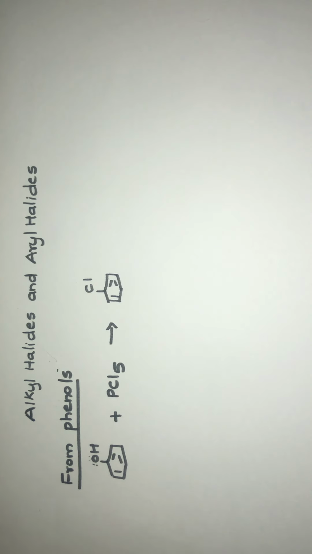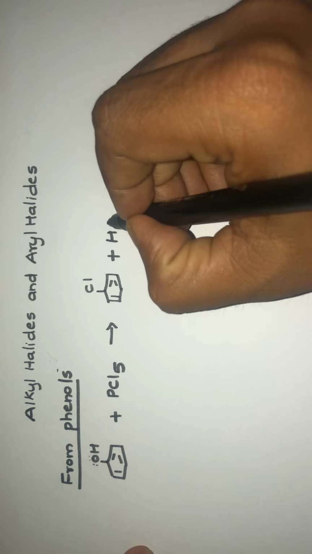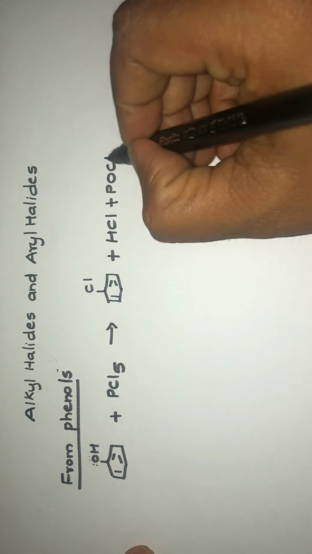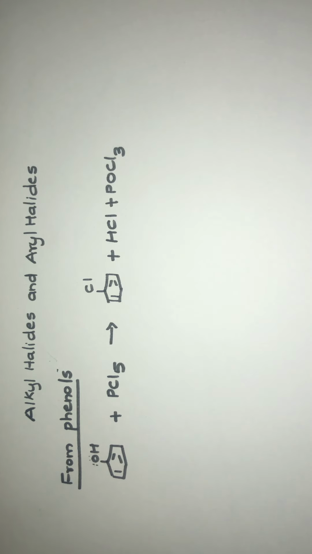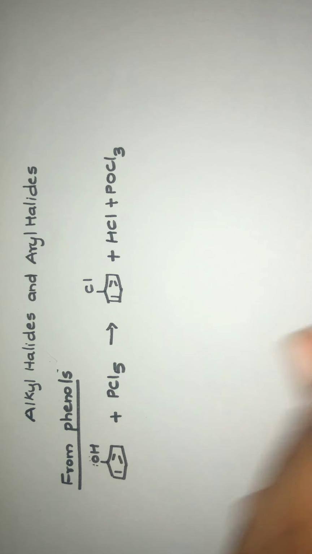The OH and H combine with Cl to form HCl, and POCl3, phosphorus oxychloride, is obtained as the side product. This is how chlorobenzene can be prepared from phenols, but the product obtained will be in very small quantity. The yield is very low in such reactions.